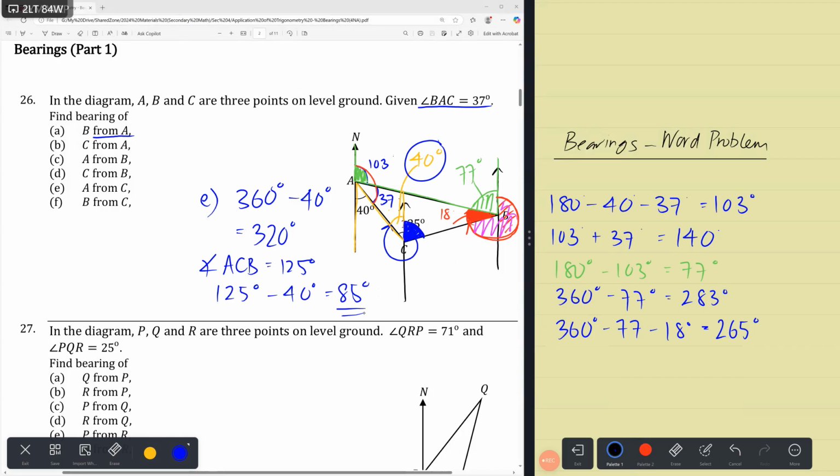Interior angles make 180 degrees, alternate angles are equal. And then the basics, which is identifying where is the reference point and measuring the bearing in the clockwise direction. So listen to this video again to gain more clarity, and then after that you can start doing your homework or practice questions or practice papers.